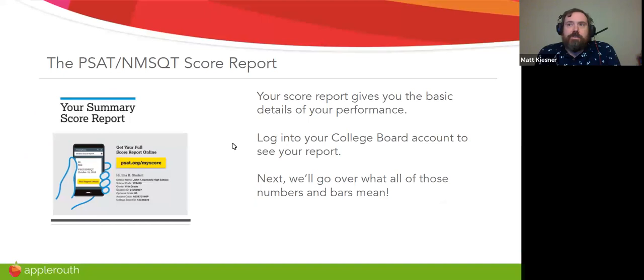So if you're trying to find the PSAT scores, they're connected to the College Board account. I think I saw a question there, like, how do you get them? You can go to collegeboard.com and then enter in the student's account. The student has to have an account. You can't take the PSAT with Bluebook unless you had a College Board account.